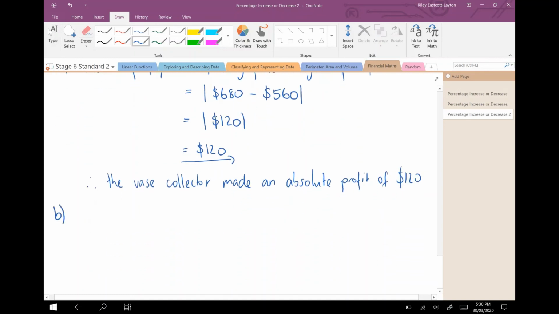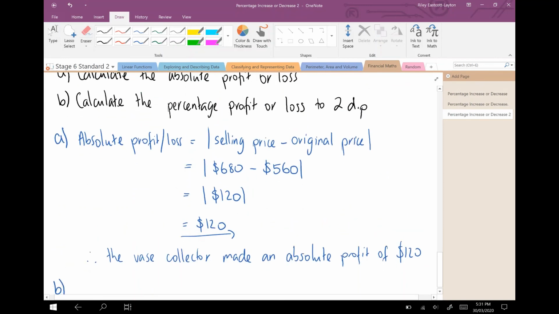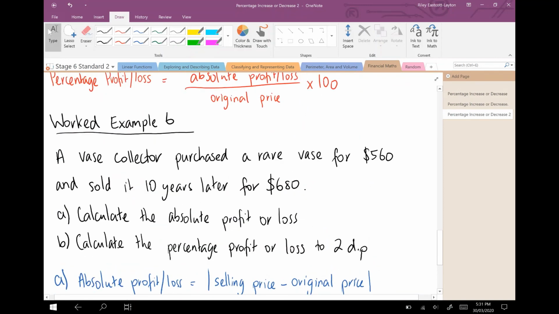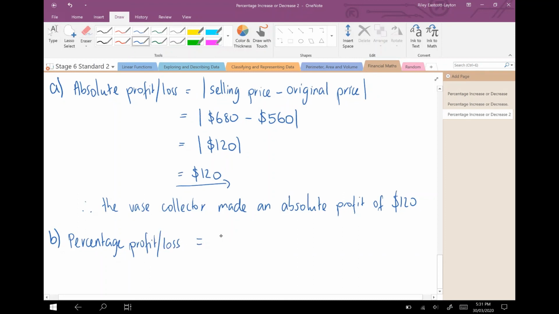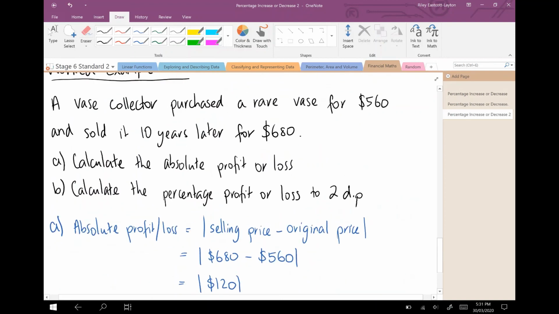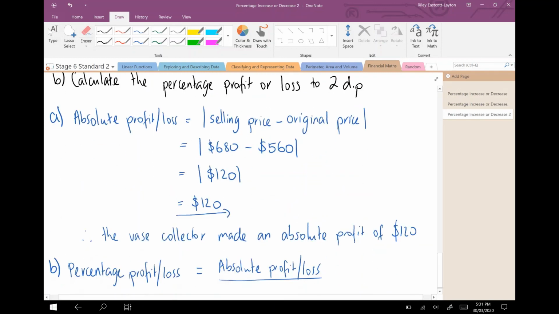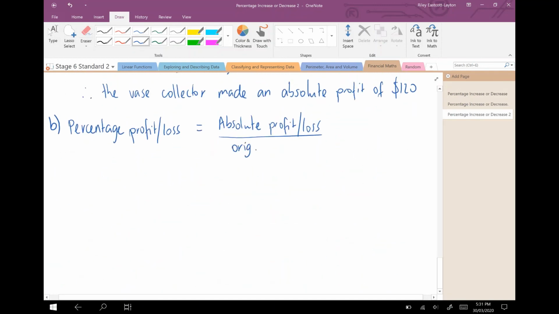Now part B, we want to calculate the percent profit or loss. So for the percent profit or loss, we use the same rule, so percentage profit or loss is equal to the absolute profit or loss divided by the original price, yep, the original price, times by 100.